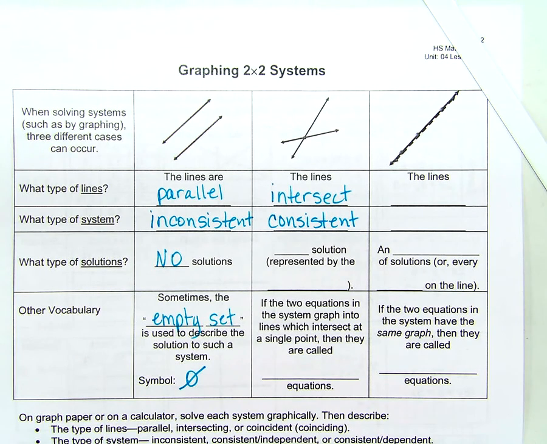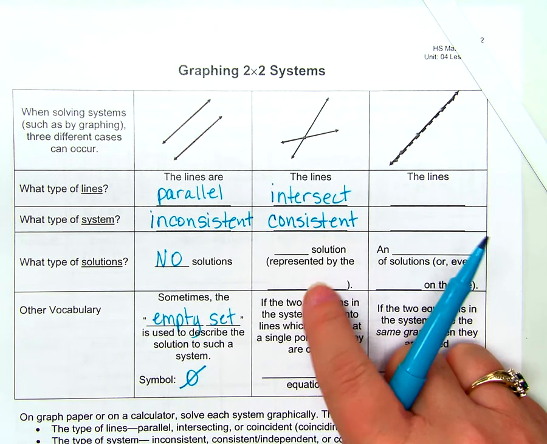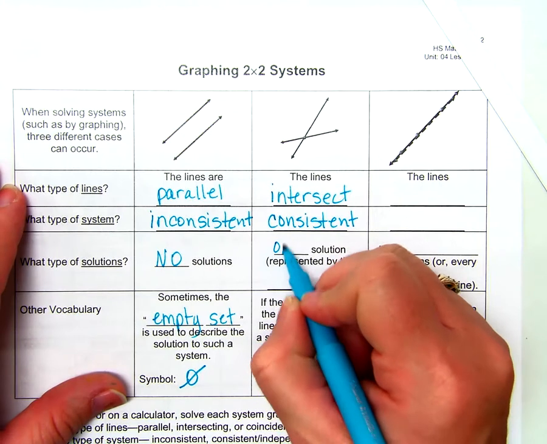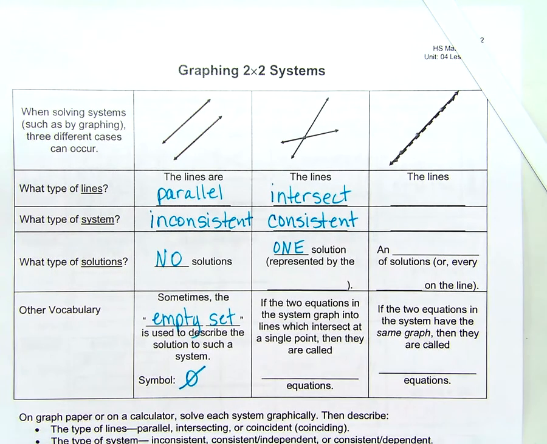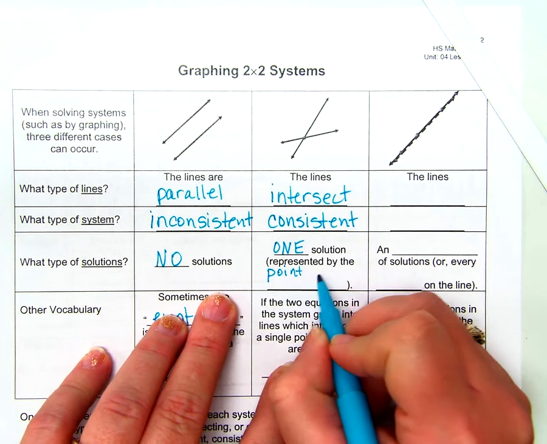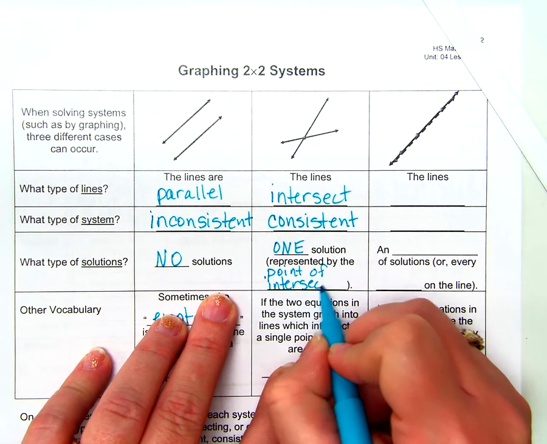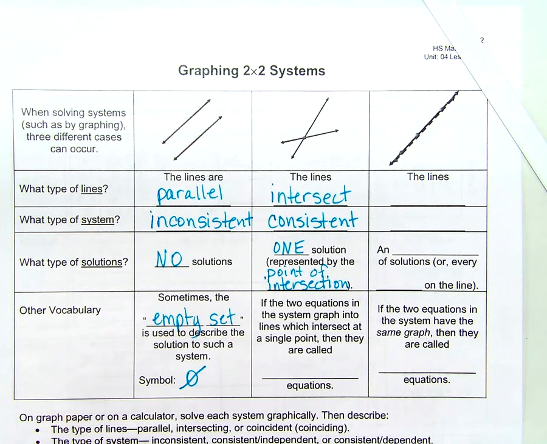You knew it? It was a guess? Both? Okay, good. What kind of solutions are we going to have here? One solution represented by the point of intersection. Good. Excellent.